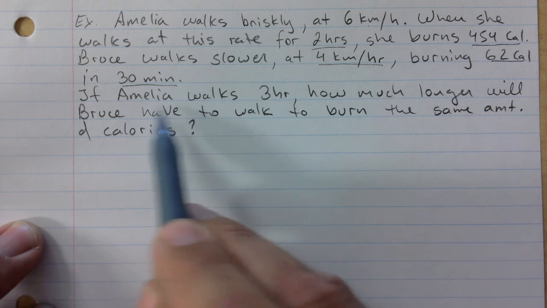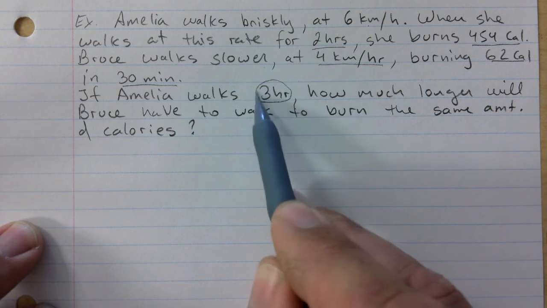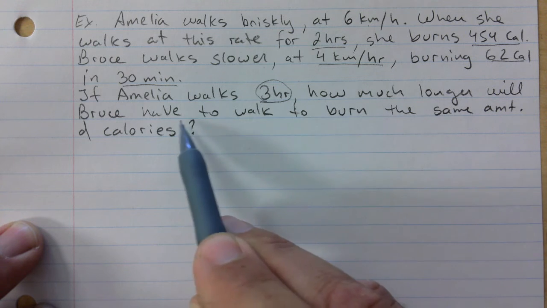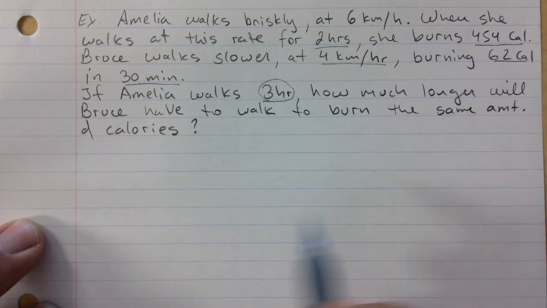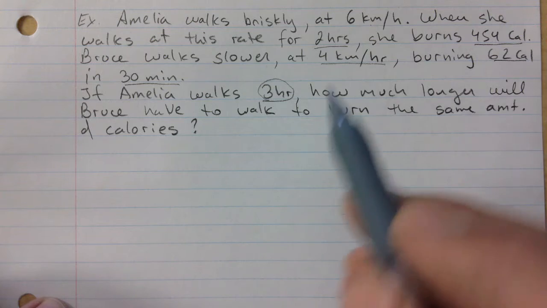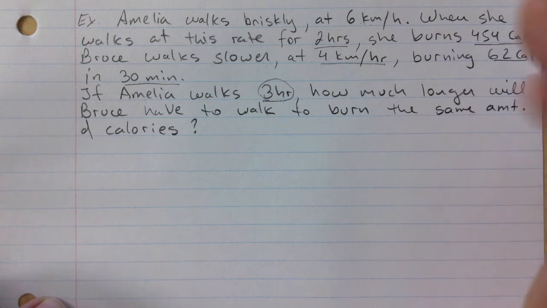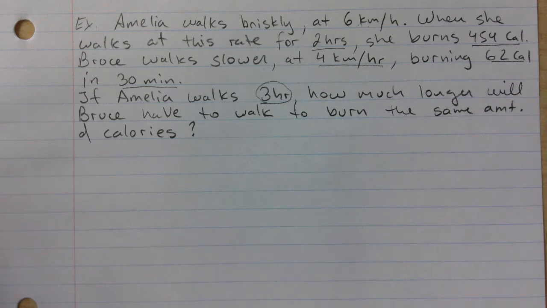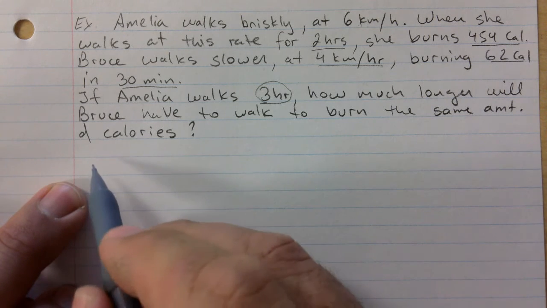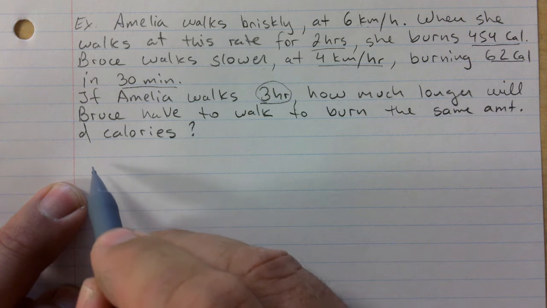If Amelia walks for 3 hours, how much longer will Bruce have to walk to burn the same amount? In this case, the speed has nothing to do with anything. The speed is just given to you as a reference, but it's a bit of TMI, too much information. So what we want to do here is figure out how many calories.